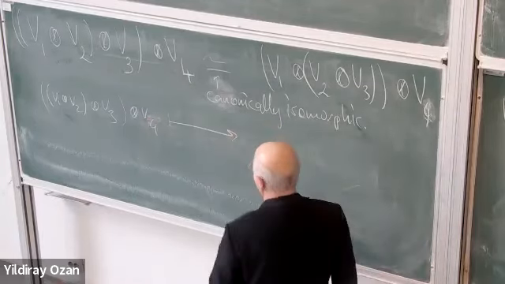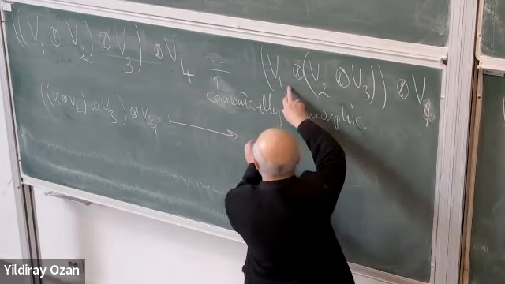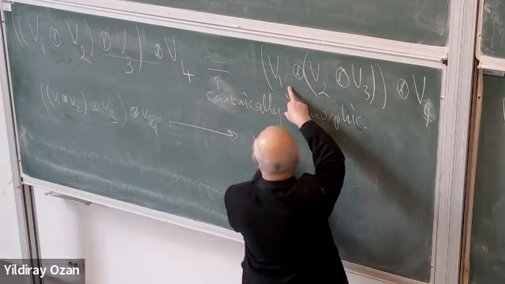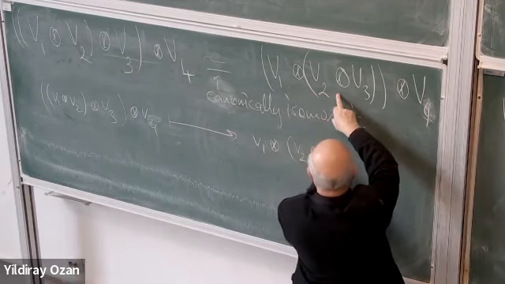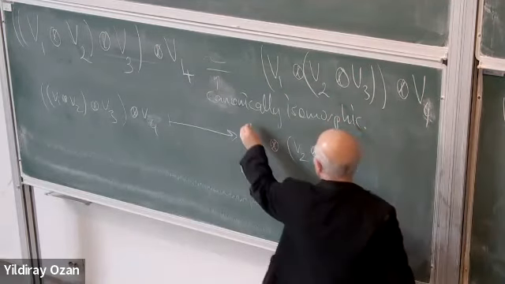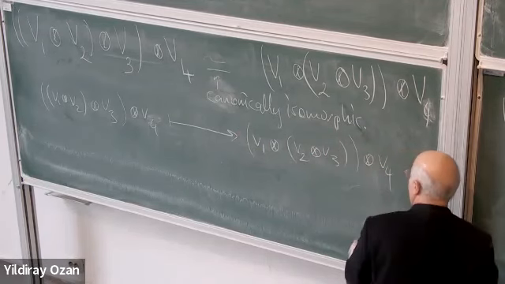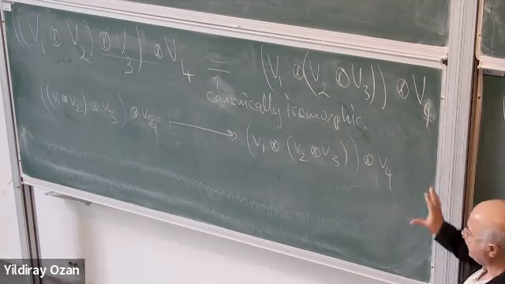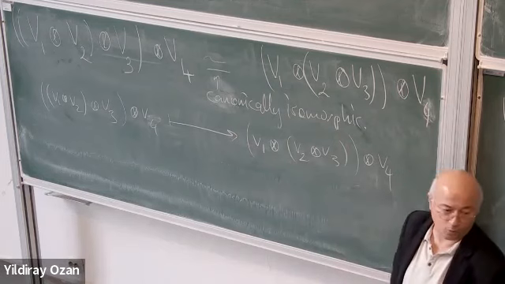I would send this to the following: V1 tensor V2 tensor V3, and then take this as a single element and tensor with V4. So I can define a map like this. Then I have to prove that this map is an isomorphism.